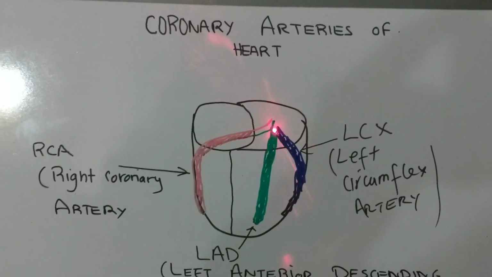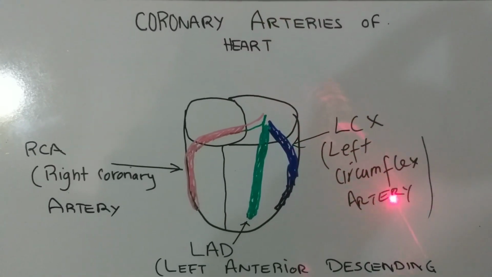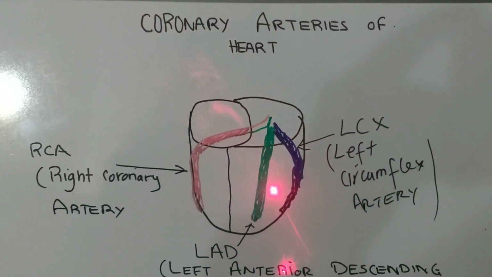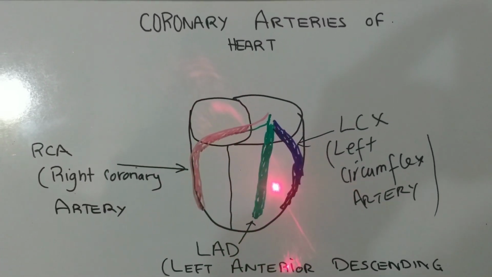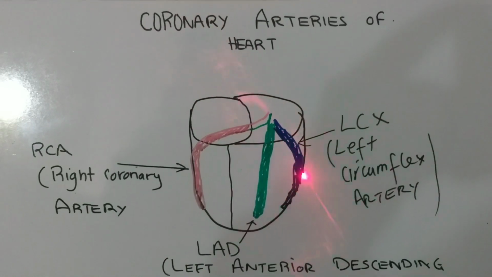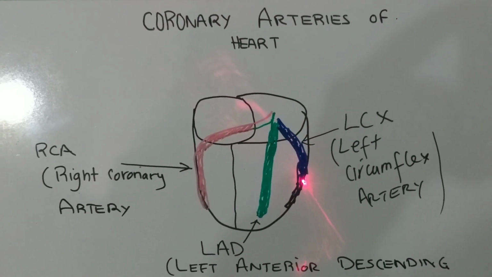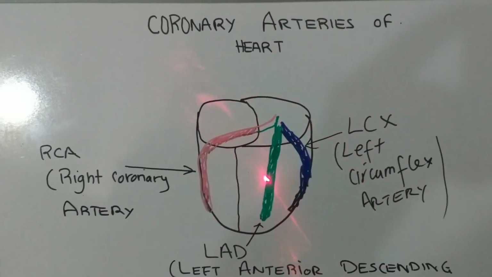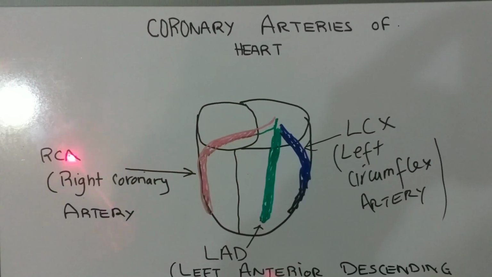Then the left main stem divides into the left anterior descending artery and the left circumflex artery. The left anterior descending artery supplies the majority of the anterior part of the ventricles, and the left circumflex artery, on the left side of the heart, supplies the lateral wall, and 40% of the time it also supplies the SA node.